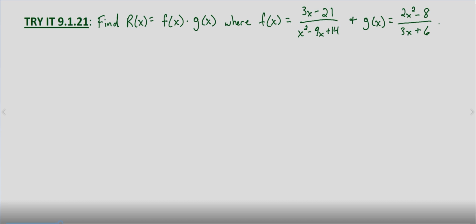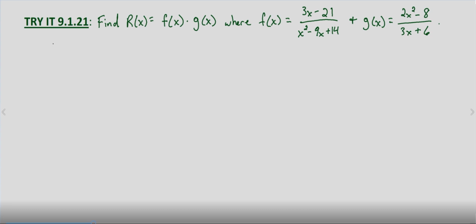The process is exactly the same. So when we're asked to find r of x, which equals f of x times g of x, and we're given these two rational expressions, or rational functions, f of x and g of x, the process is just the same. We take whatever the values are. So r of x equals f of x times g of x.